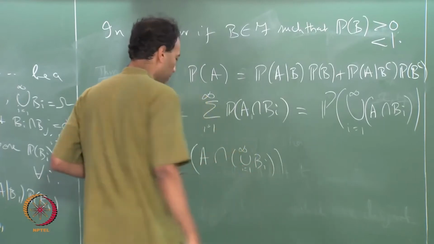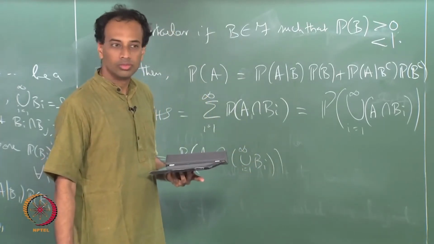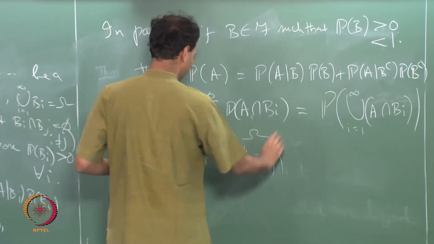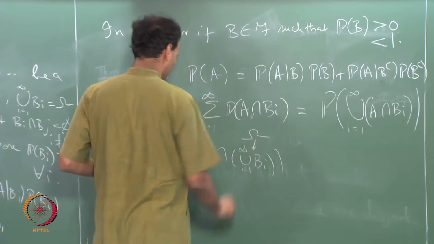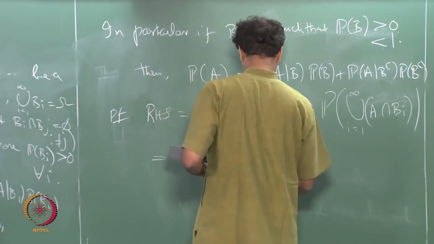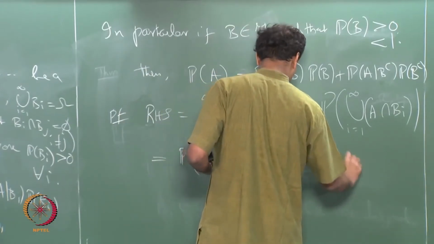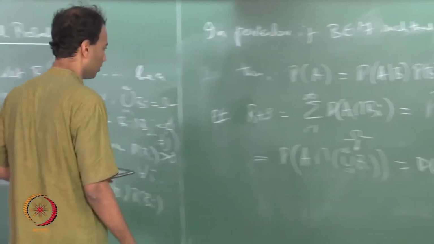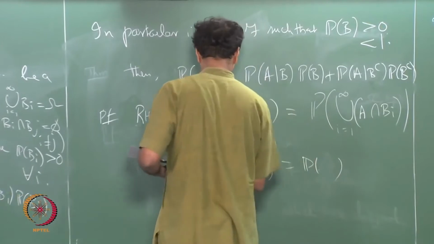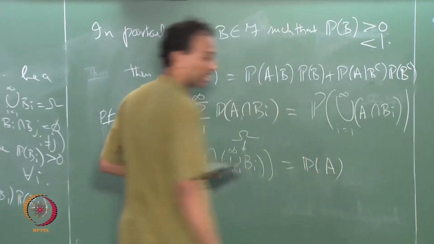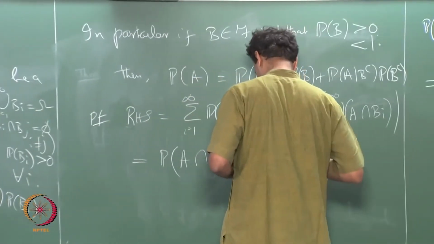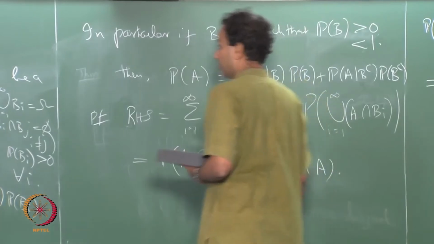But union of B_i is omega. So, I have A intersection omega, which is A. So, this is probability of A, which is what I want. Any questions?